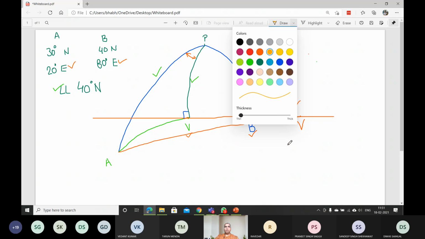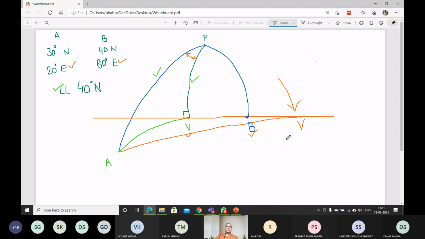Let's use yellow. So this simply tells us that if we draw a great circle track from A to B like this, Alpha to Bravo, then this track is not going to cross the limiting latitude at all.